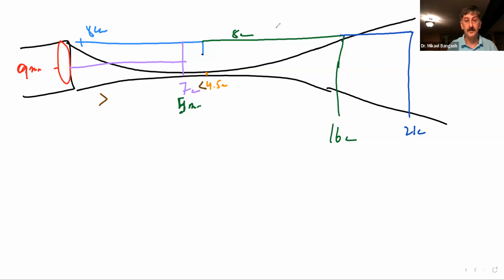Now, first of all, it can only be a number that is going to be greater than 9 millimeters, because lateral resolution at a depth of 16 centimeters, which was twice your focal depth, is going to be the diameter of 9 millimeters. So pretty much any number that will be greater than 9 millimeters.